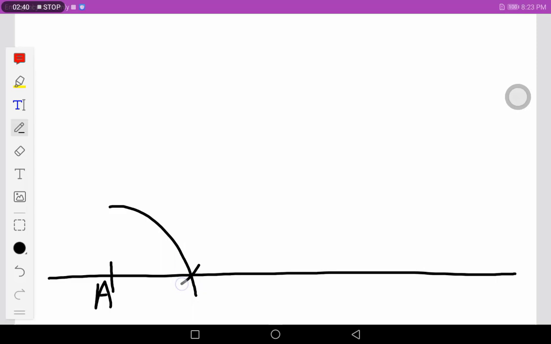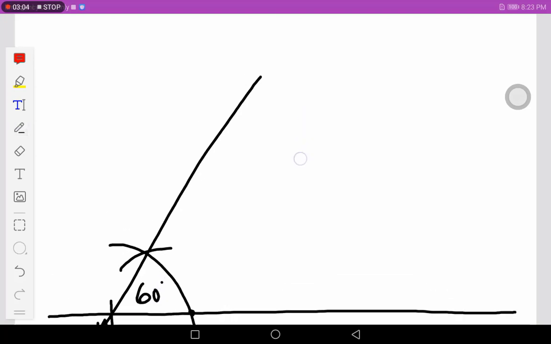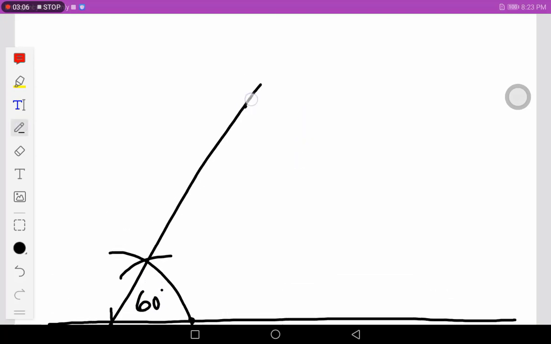Then I go to this position where I have joined this line and put my compass again, and it produces another arc like that. Then I'm going to join these two points such that I construct my 60 degrees here. So this is my 60 degrees, guys, and my line should go as far as it can, like that.